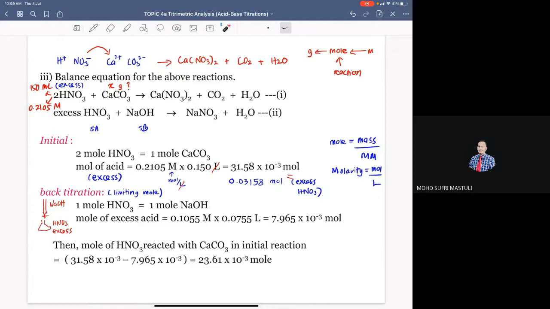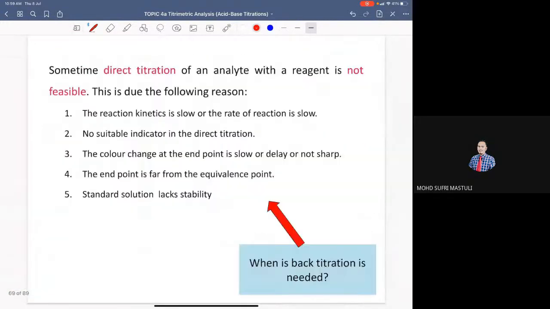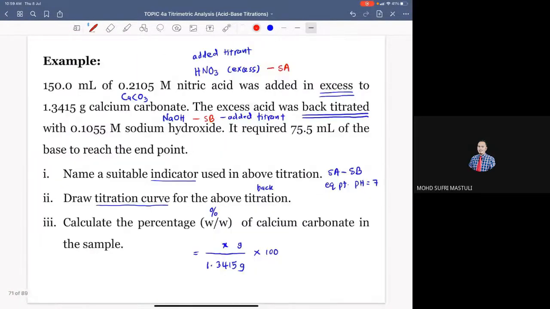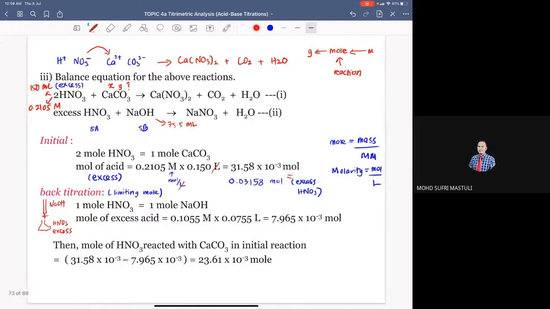You can write it here: sodium hydroxide required 75.5 ml with the molarity of 0.1055.